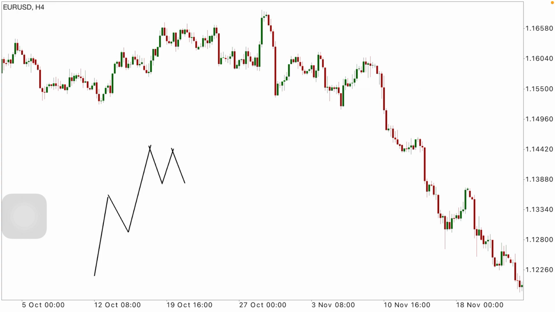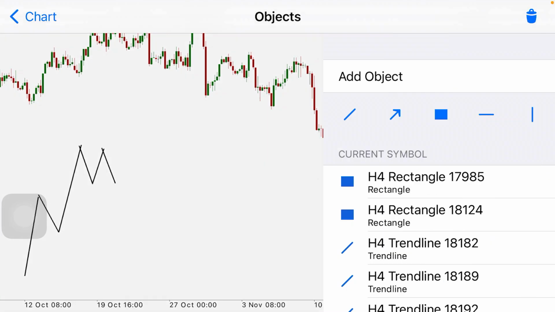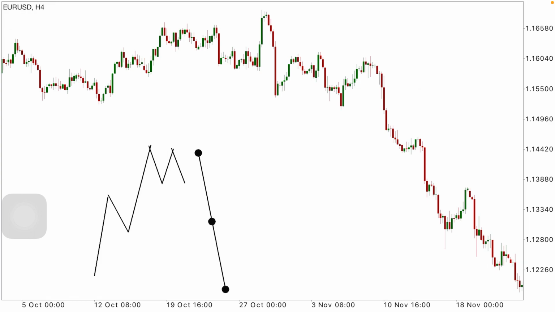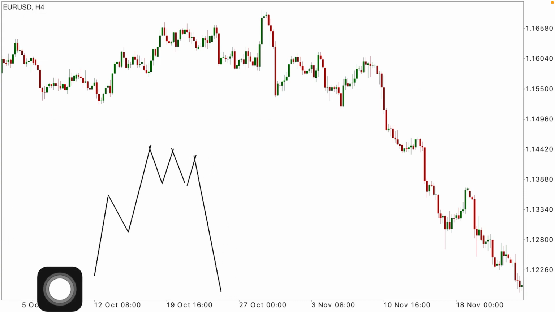So this is the zone before price now sells down. So this is the rally: price rallied up, formed a base, and dropped.